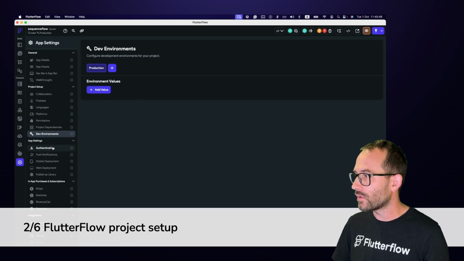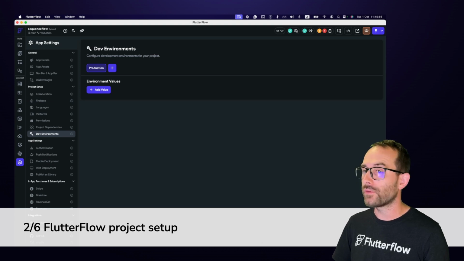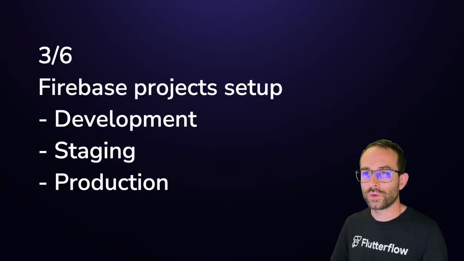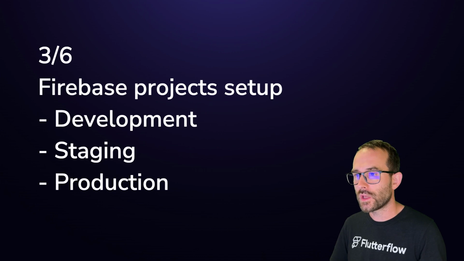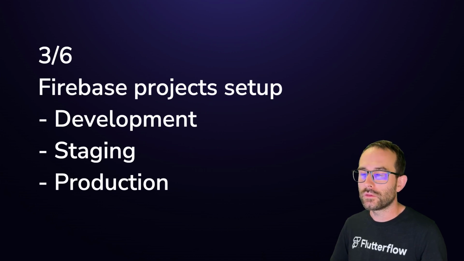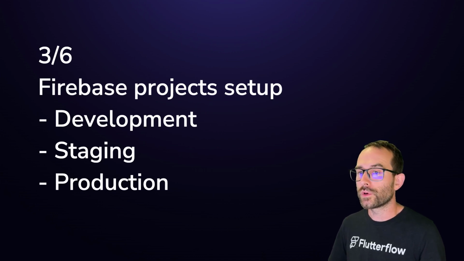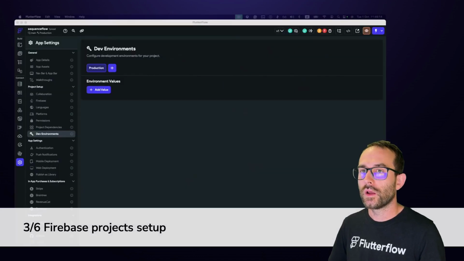But before that, we have the prerequirements for creation of three Firebase projects. So here we are on the third step. So we'll set up three Firebase projects. First for development environment, second one for staging environment, and third one for the production usage there.